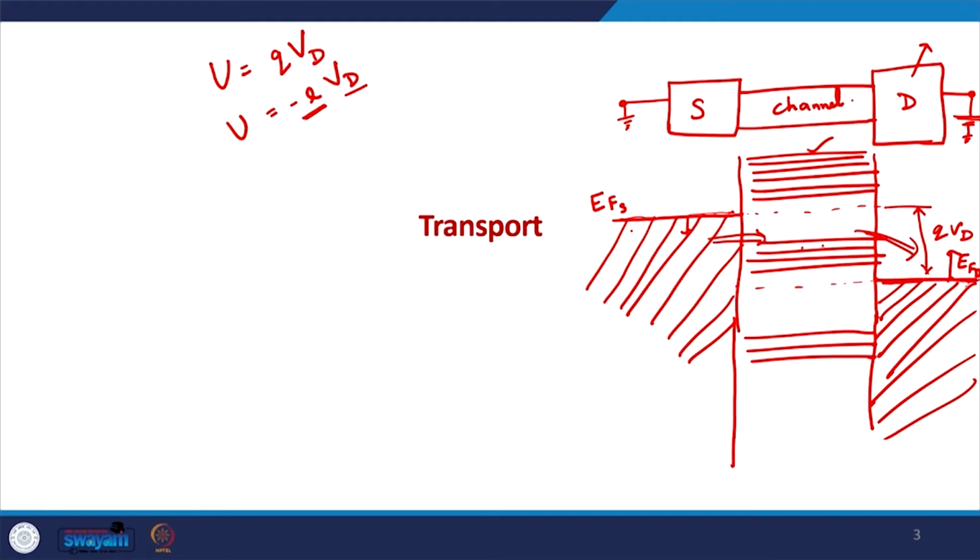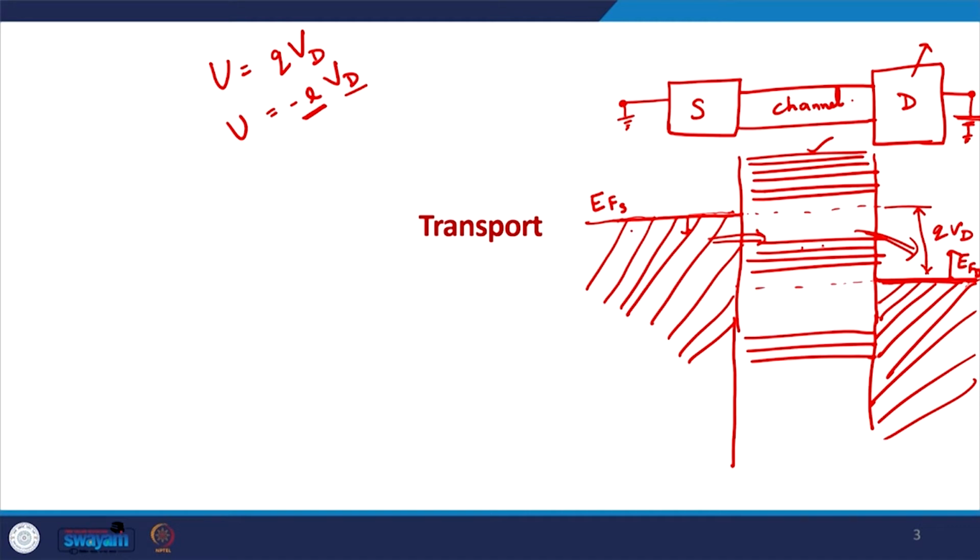And this is what we also derived in our previous discussion, that in equilibrium, even if there are two different semiconductors, the Fermi level is uniform across the entire device, across the entire system of junctions. So in order for the flow to be maintained, we also need to maintain this difference between EFS and EFD, and that is where the role of the battery comes in.